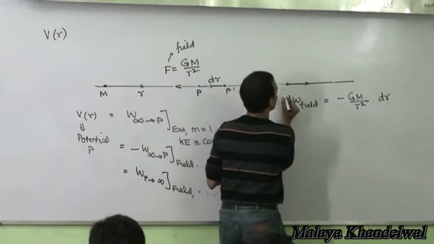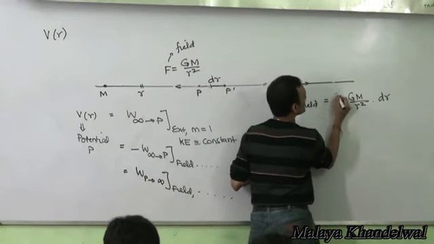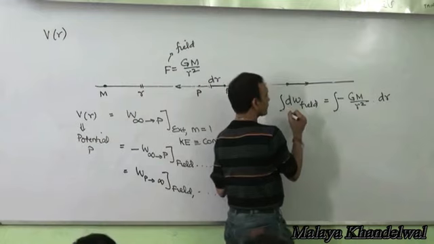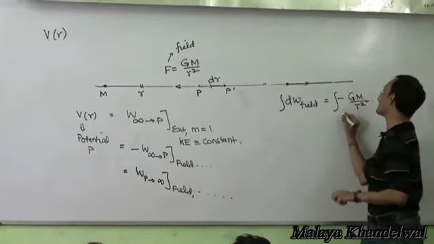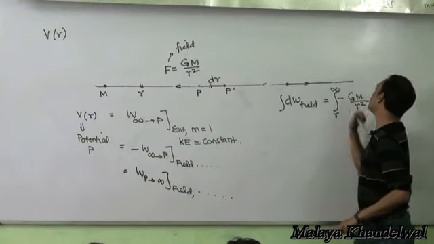Now, the total work done by the field from P to infinity would be the sum of all of this, where r runs from r to infinity.